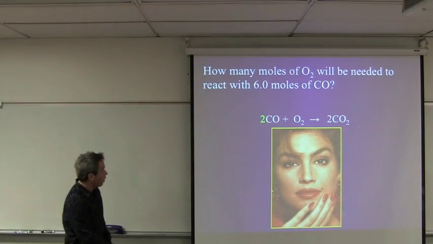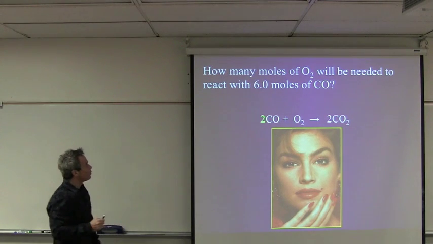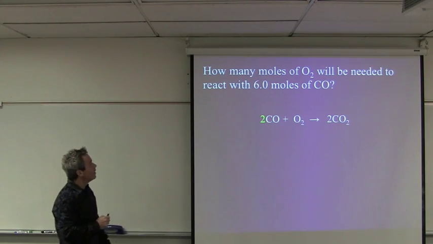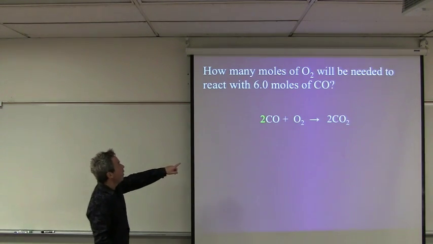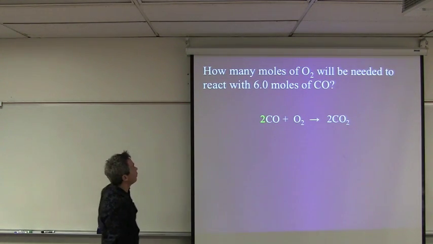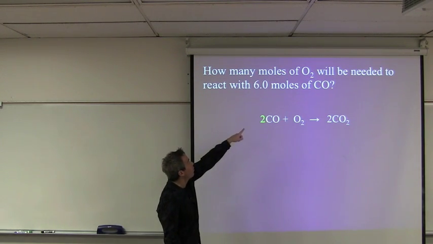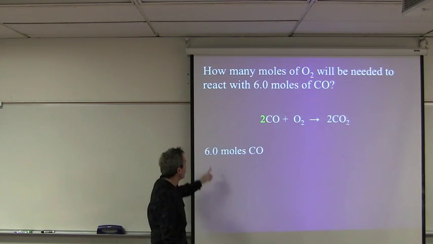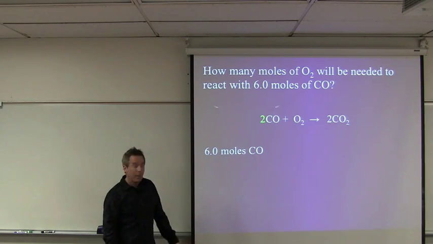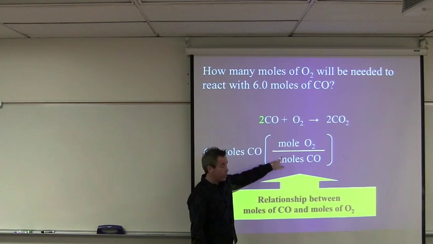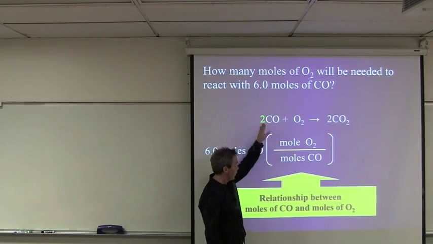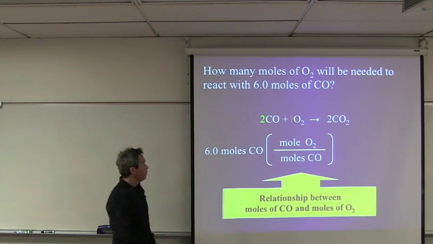Another mole problem. Okay. So let's convert. We want how many moles of O2 will be needed to react with 6 moles of carbon monoxide. So we're going to convert now from moles of carbon monoxide to moles of O2. So we write down what we're starting with. We put the conversion factor in here. We get these numbers, the relationship between carbon monoxide and O2, from the balanced equation.